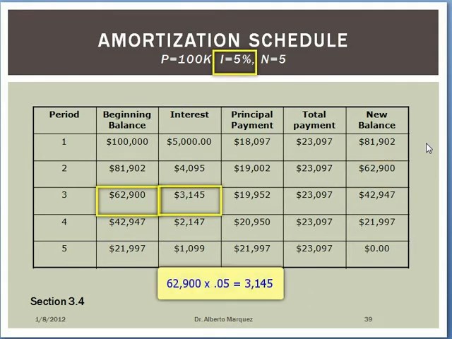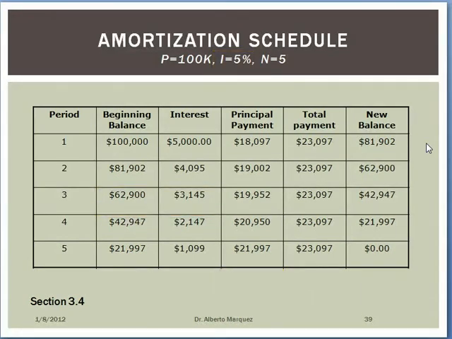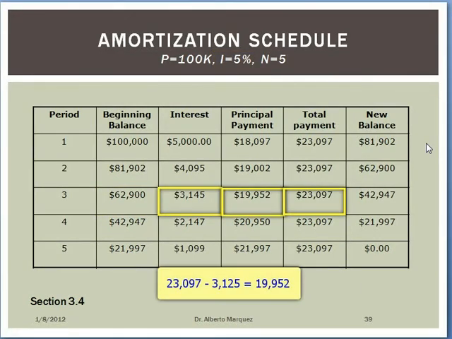Again, 62,900 generates a 5% interest, which translates into $3,145. We still pay the same annuity, $23,097, and therefore we can destine $19,952 to reduce the amount we owe.